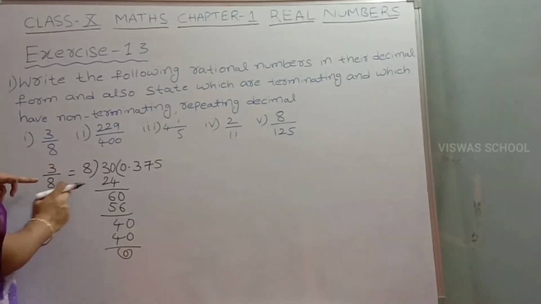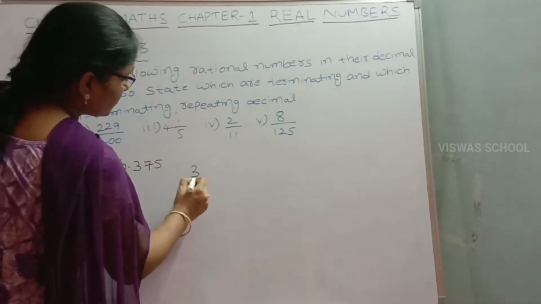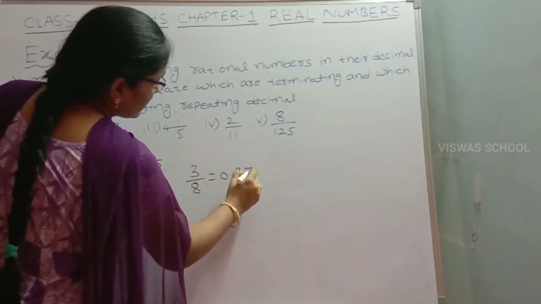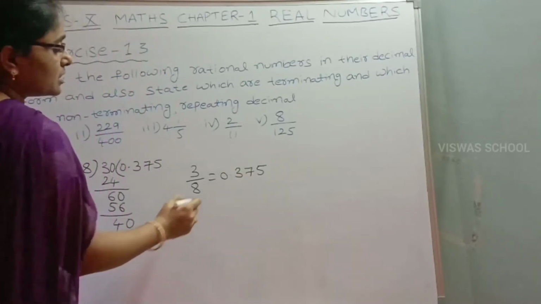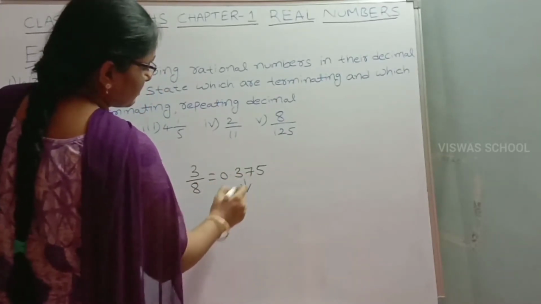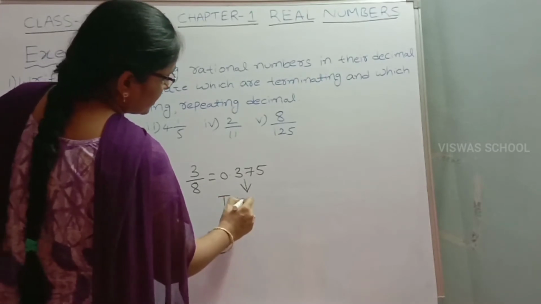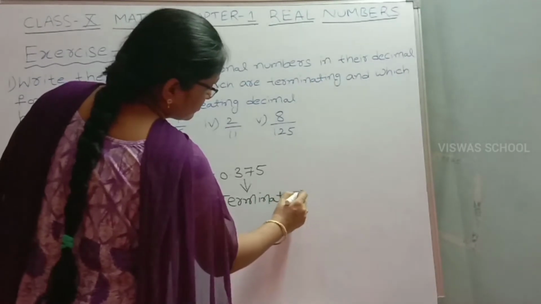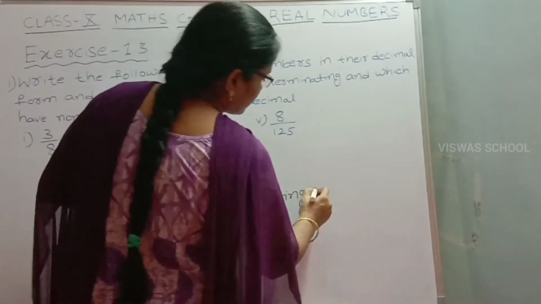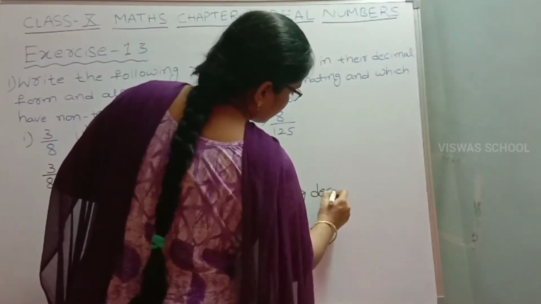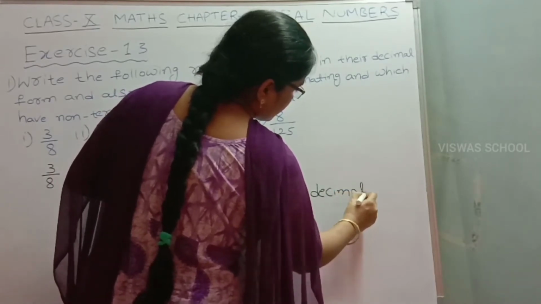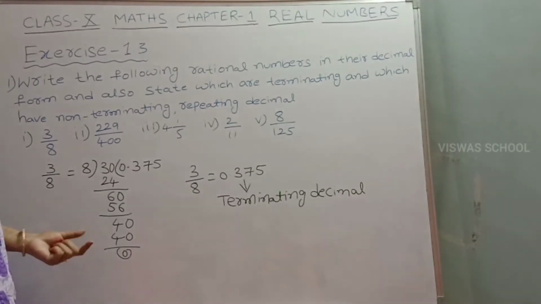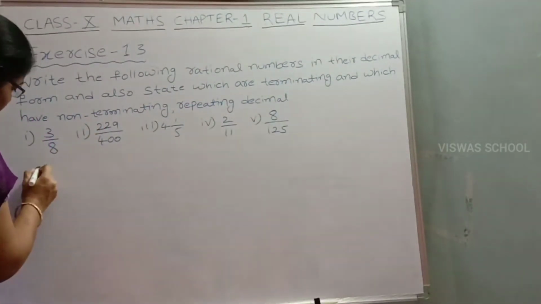Now 3 by 8 is equal to 0.375. This is a terminating decimal.